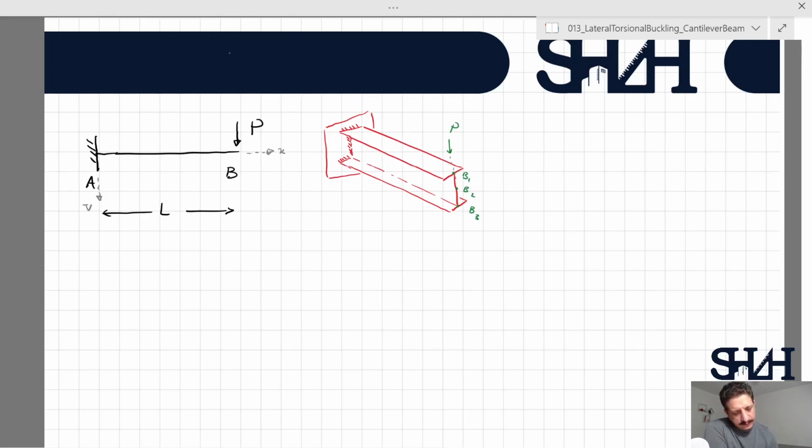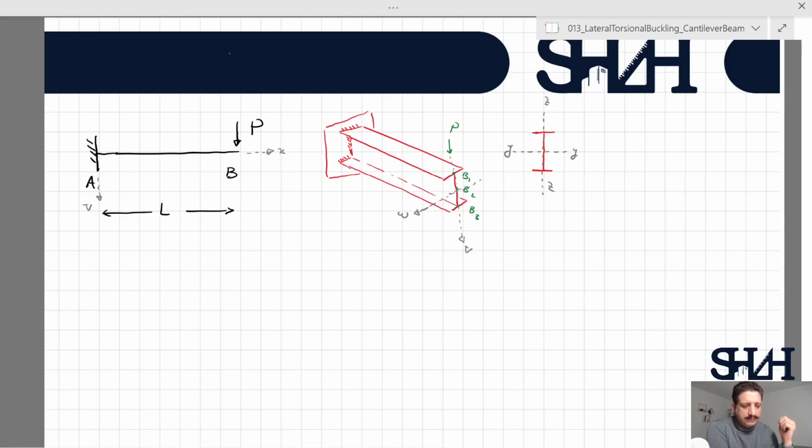In the 3D view, this direction is V, and the other direction is W. If we look at the cross section, this is Y, and the other one is zeta.